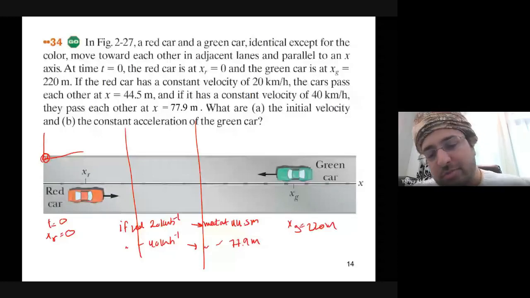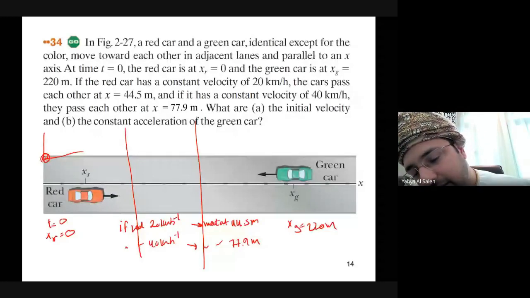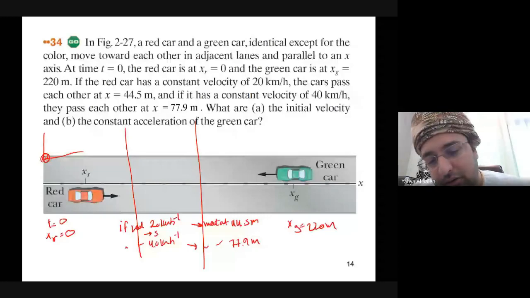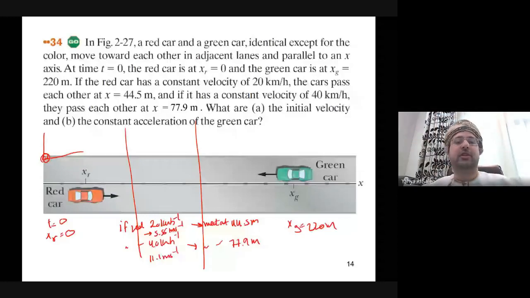So 20 kilometers per hour is 5.56 meters per second. 40 kilometers per hour is 11.1 meters per second. No, I did not do it in my head. I actually cheated and I have a calculator here. Now, there's one more piece of information that is crucial to this question that is not written down, and that we need to use our heads to get.